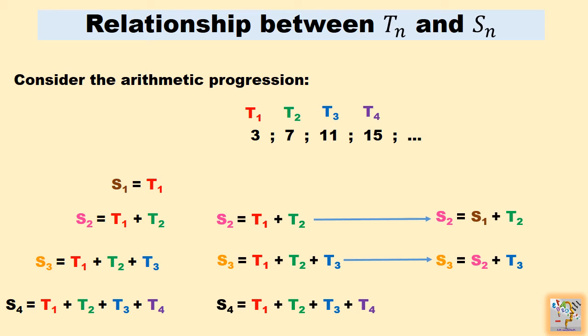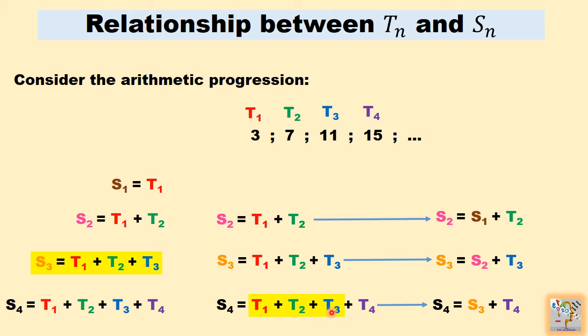When you look at S4, for the fact that we have T1 plus T2 plus T3 to be S3, which is this one and this one, it means instead of T1 plus T2 plus T3, I can easily substitute S3, which will result in S4 is equal to S3 plus T4. S3, why?